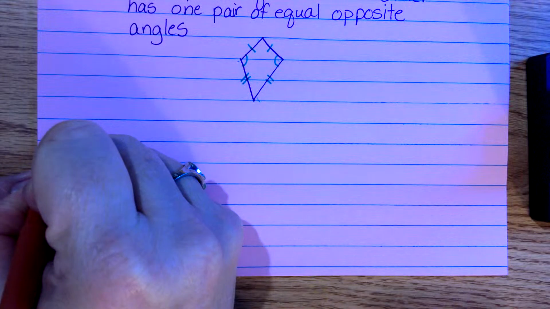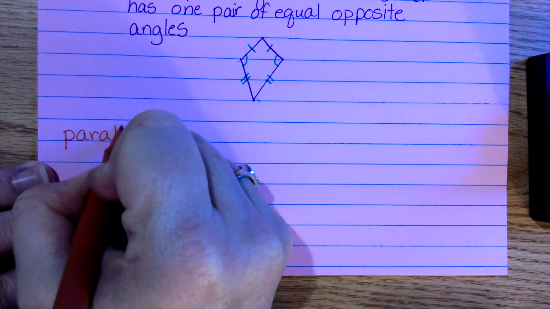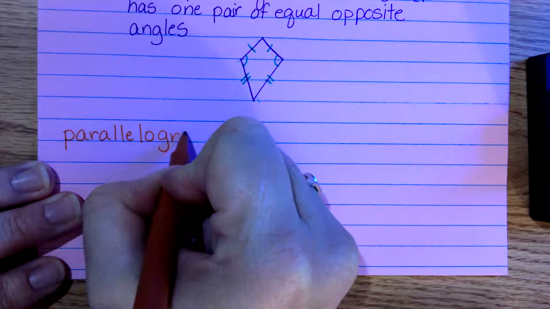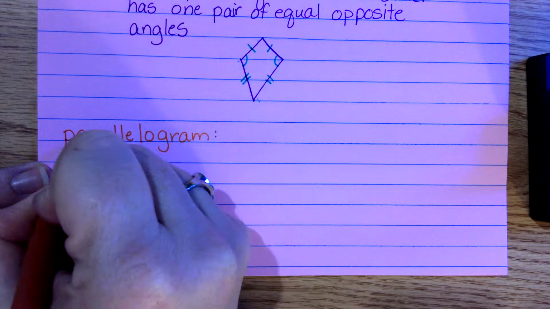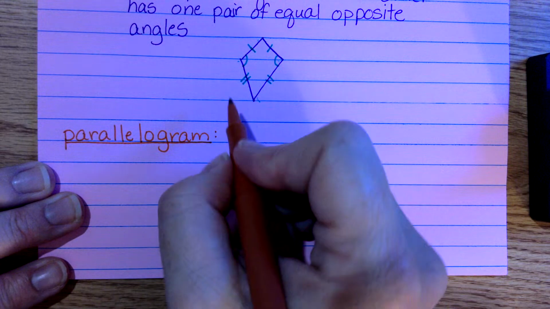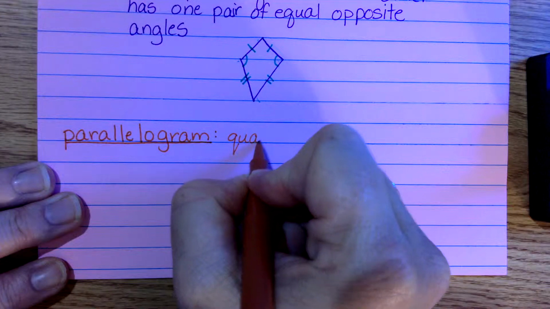So we're going to look at a parallelogram. And a parallelogram is a quadrilateral. Remember, the word quadrilateral means it has four sides and four angles.